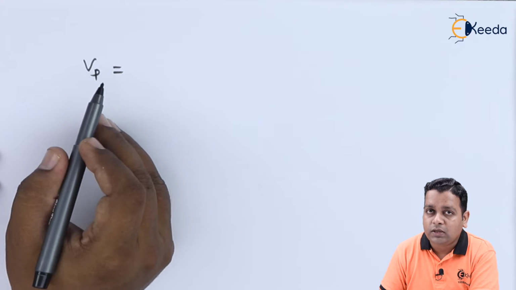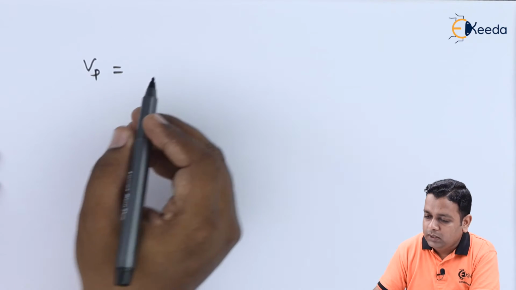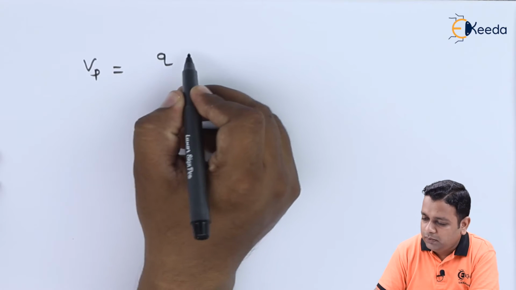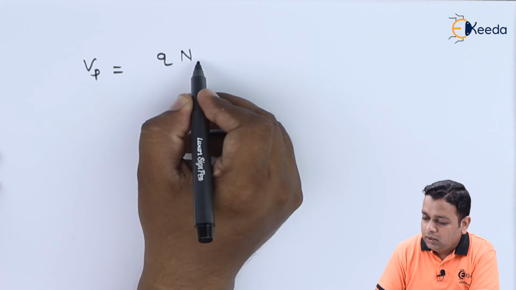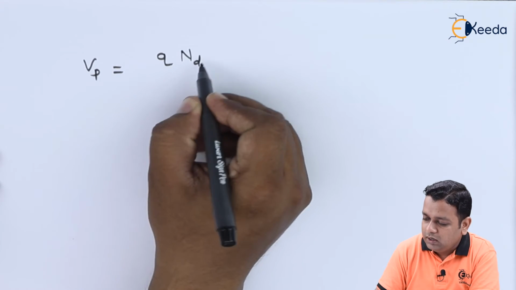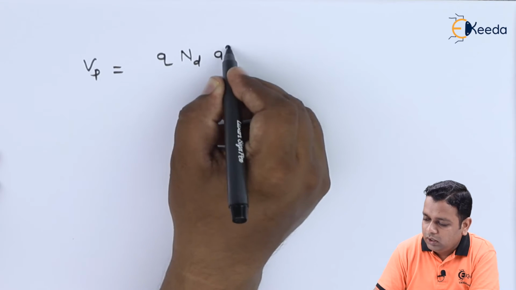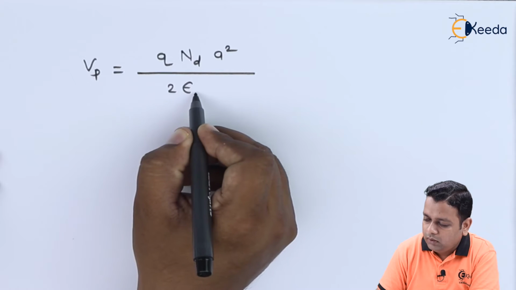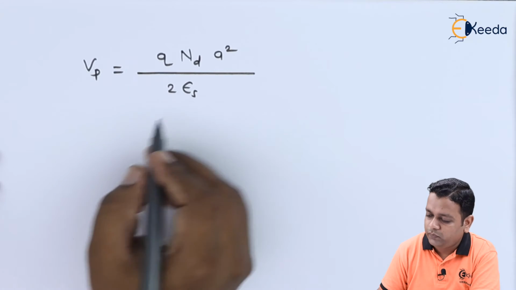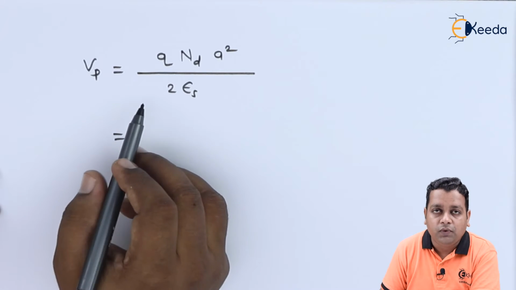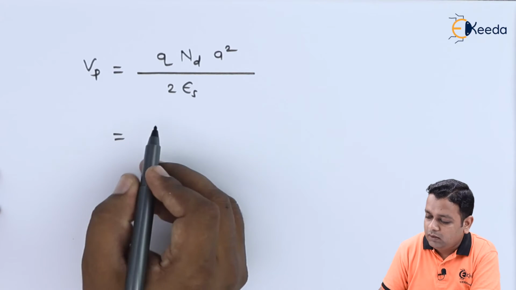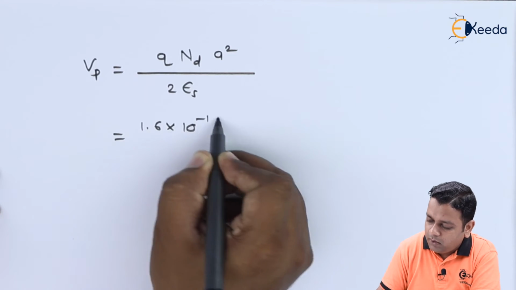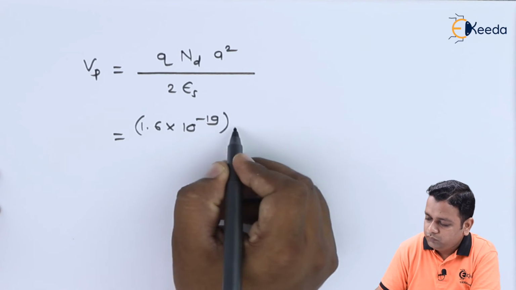It is computed by using the formula Vp is equal to the electronic charge Q in multiplication to the concentration of the electrons Nd into small a square, divided by twice of epsilon s here. So here we can substitute the values. Q can be substituted by 1.6 into 10 raised to power minus 19.